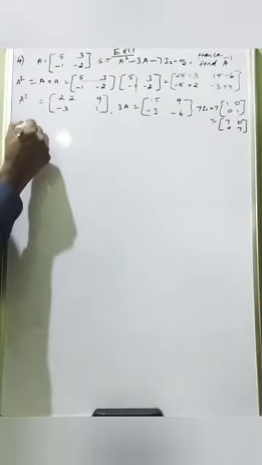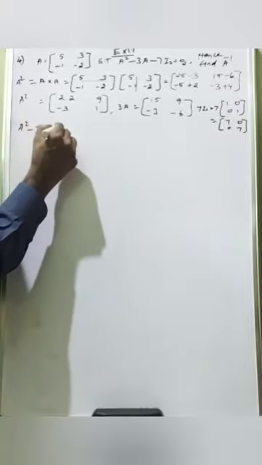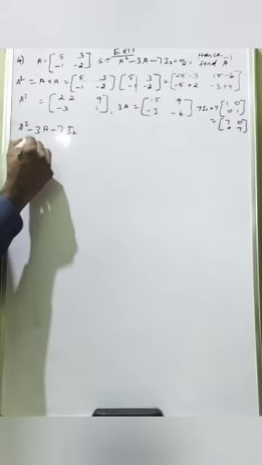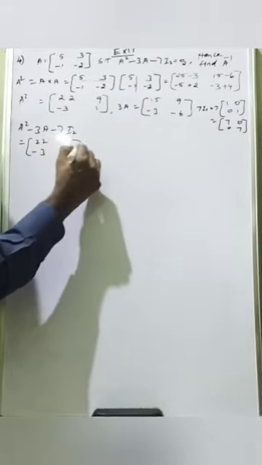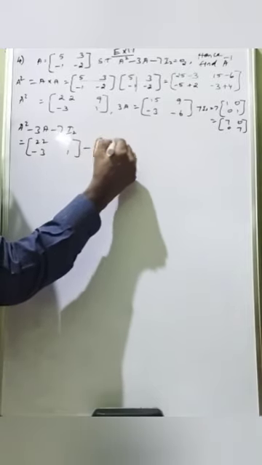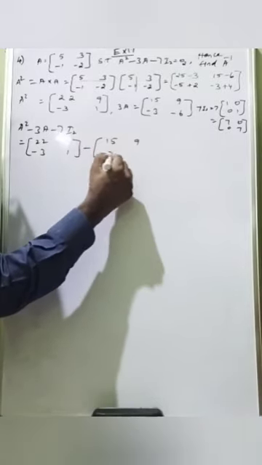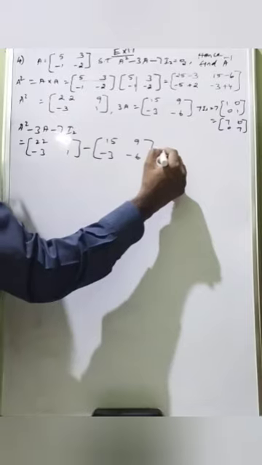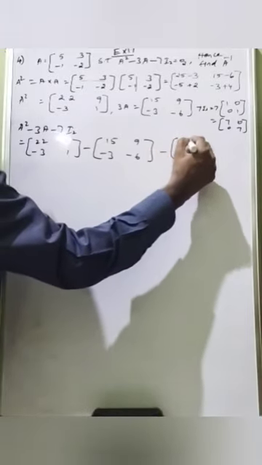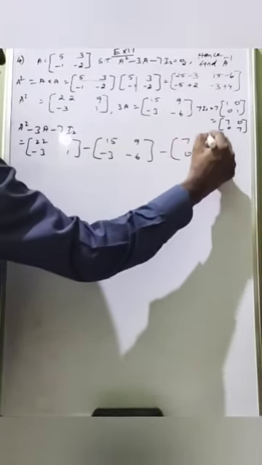Now apply here: A square minus 3A minus 7 I2, applying one by one. A square value 22, 9, minus 3, 1, minus 3A: 15, 9, minus 3, minus 6, minus 7 I2: 7 0 0 7.